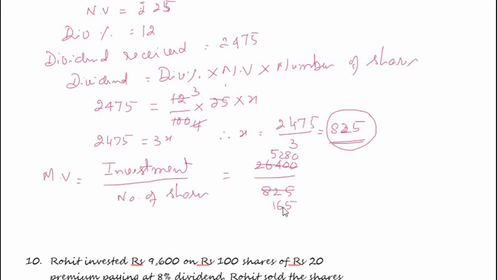Now both will go by 11. This will go with 15 here, and this will go with 480. So now again 15 and 480. 15 ones are in 480s, so this is 32.